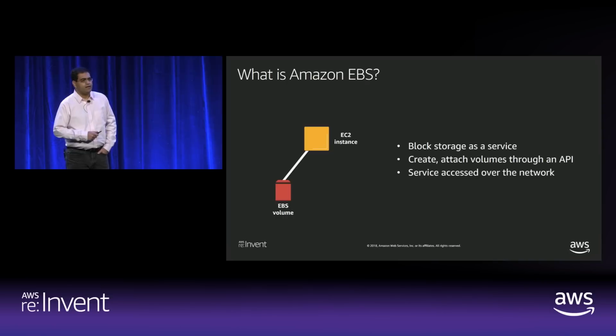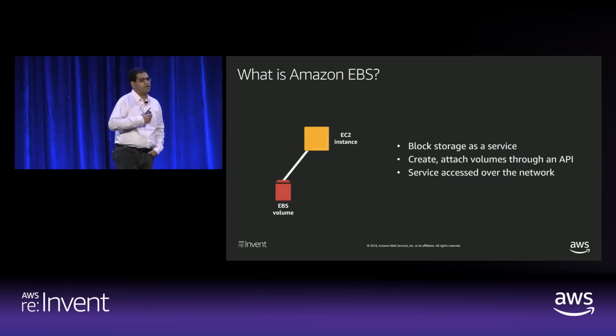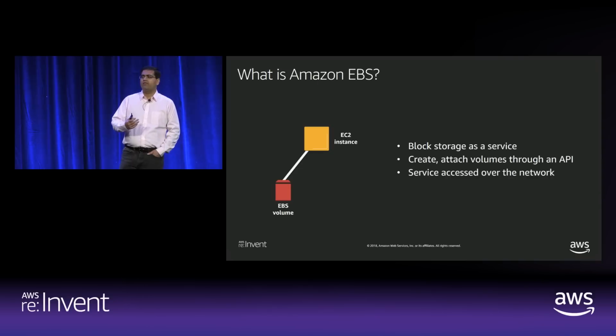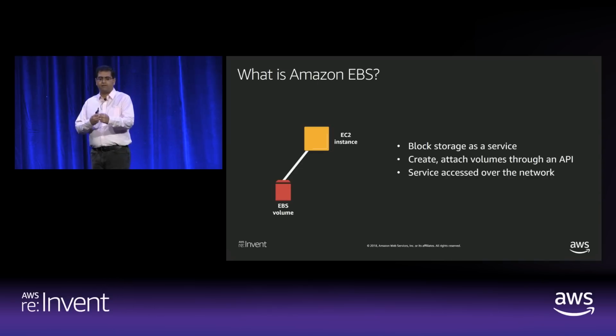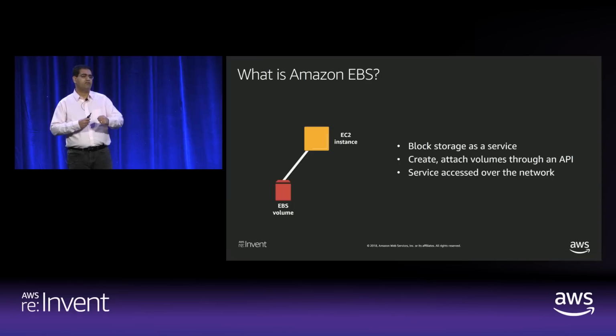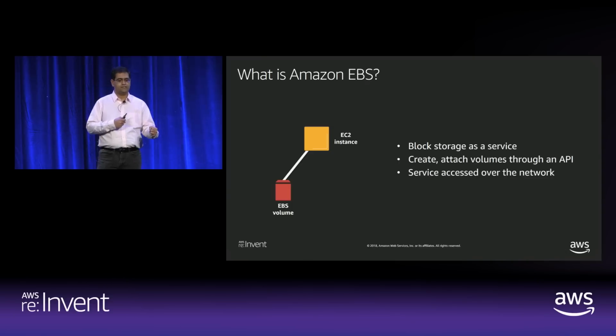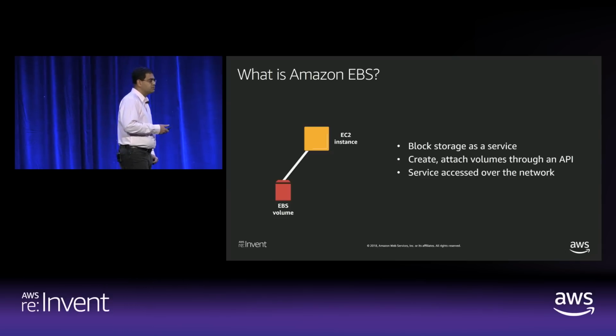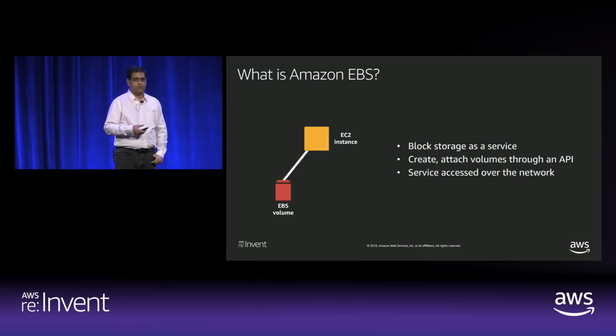Okay? With that, what then is EBS? So if you think of EBS, think of it as block storage, but as a service. The key thing there is the life cycle of the storage is separate from the life cycle of the instance. And so the service is accessed over the network. You can create, you can attach, you can detach, and you can delete volumes.